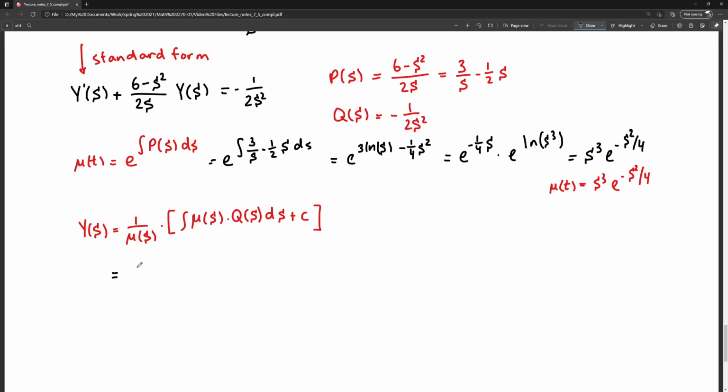And so the answer that we get is 1 over s cubed e to the power negative s squared over 4 times (e to the power negative s squared over 4 plus c).